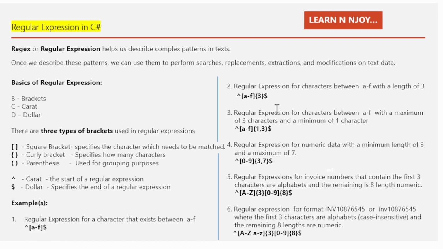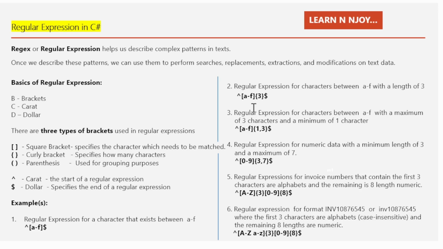Now let's see example number 2, where the requirement is to write a regular expression for characters between A to F with a length of 3. So again we need to start with the caret sign and end with the dollar sign. In between, opening a square bracket, A hyphen F, and closing a square bracket, and we use the curly bracket over here that basically specifies how many characters we are going to incorporate into it.